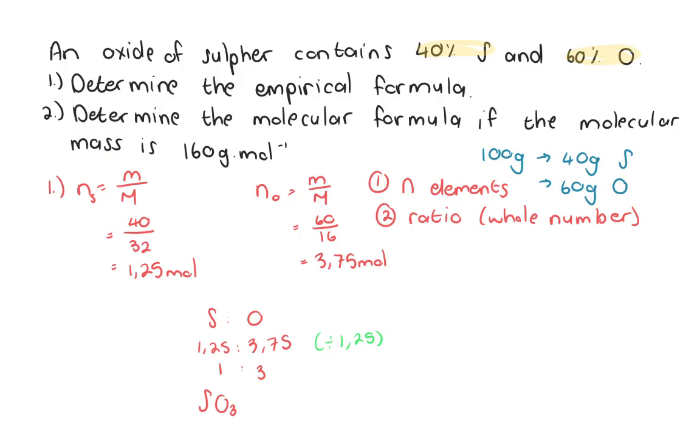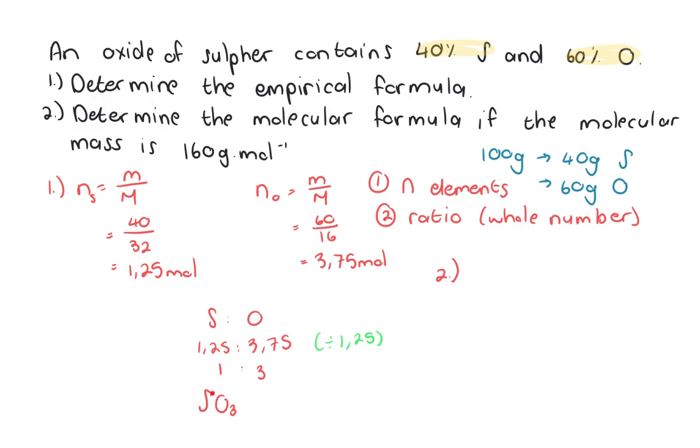But now, for question 2, they ask me to determine the molecular formula if the molecular mass of my compound is 160 grams per mole. So I need to know, firstly, what the molar mass of my empirical formula is, so that I know how the weight of this compares to the actual weight.